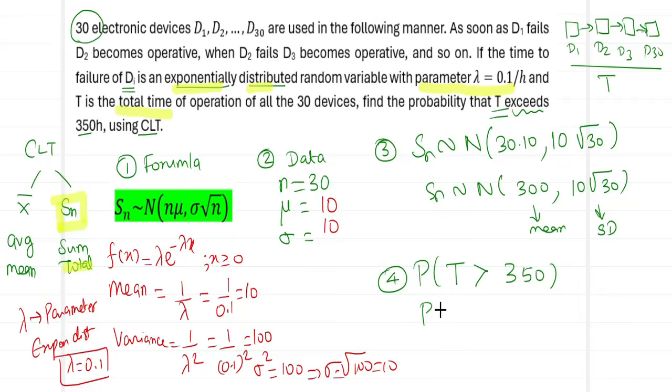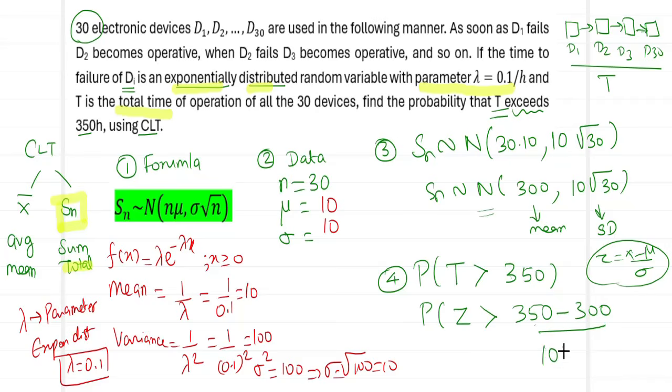Convert the problem in T to Z. Then I can apply the normal distribution to solve this problem because I know that Sn follows a normal distribution. So this will be Z greater than 350 minus, we know that Z is equal to x minus mu divided by sigma. So in place of x, I write 350. In place of mu, I write 300, divided by, in place of sigma, 10 into square root of 30.